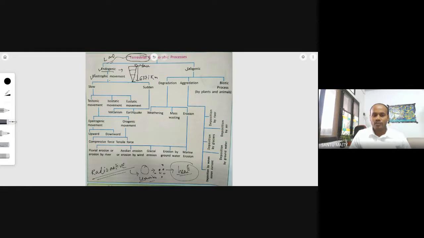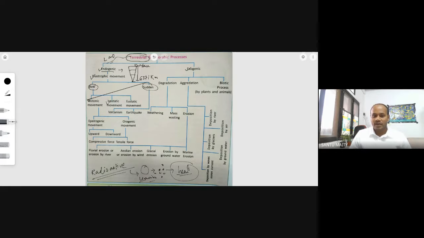Diastrophic movement can be categorized into two: slow movement and sudden movement. Slow movement means the earth movement which needs a much longer time, say millions of years. Those are slow movements, like tectonic movements in the form of plate tectonics. I will explain plate tectonics also.